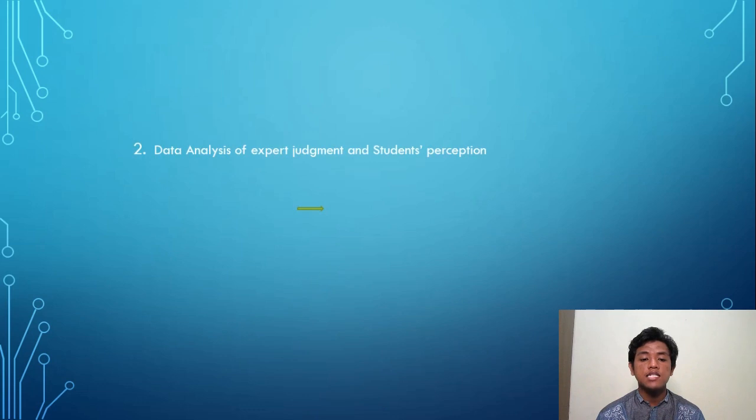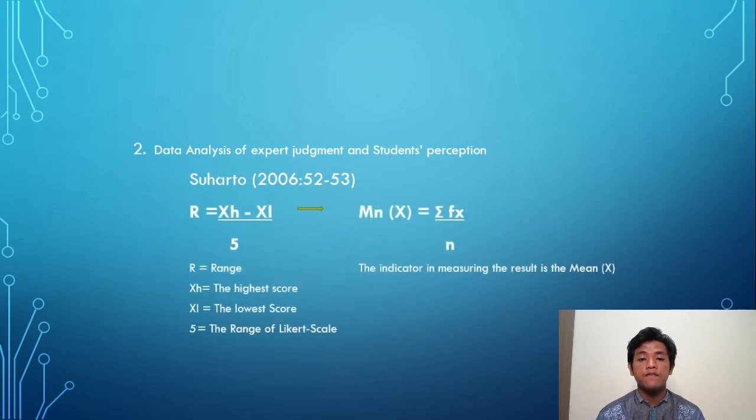Data analysis of experts' judgment and students' perception. This analysis used the Likert scale as the measurement. The result of the questionnaire used a pattern proposed by Suharto, 2006, pages 52 until 53.